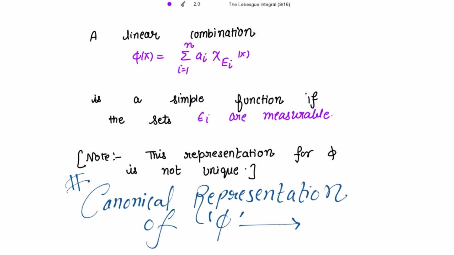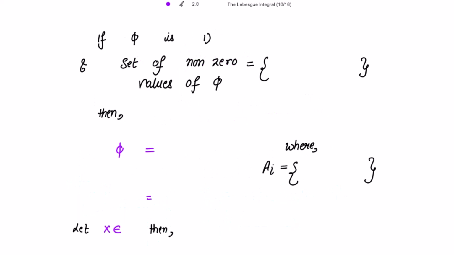So the next is the canonical representation of phi. If phi is a simple function, and second, it has the set of non-zero values a1, a2, a3 up to an. These are the set of non-zero values of phi.